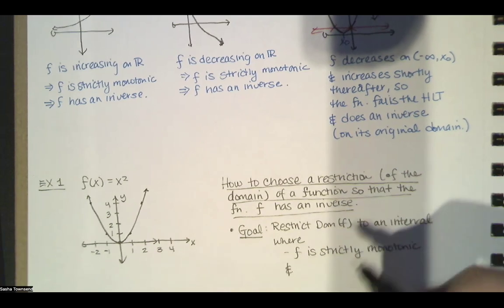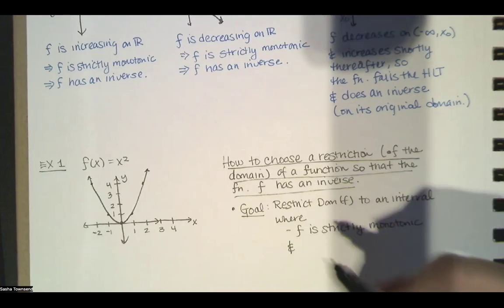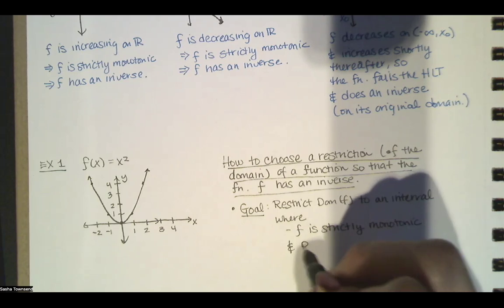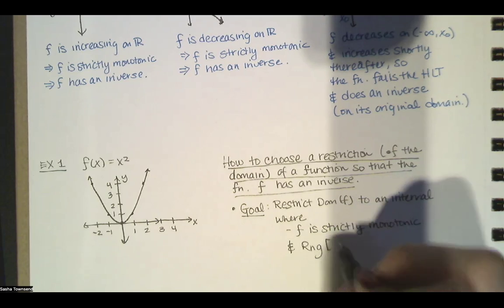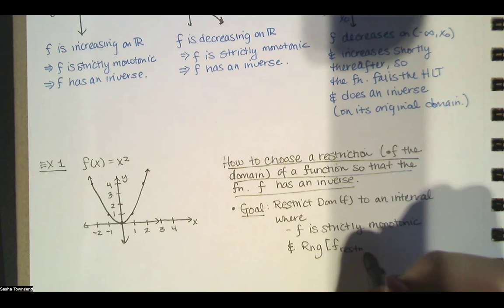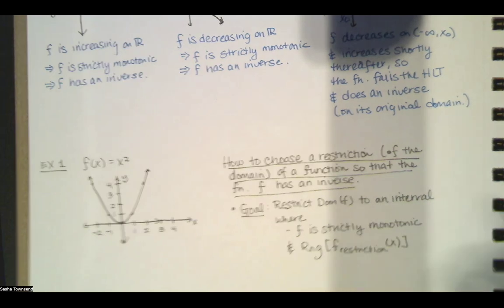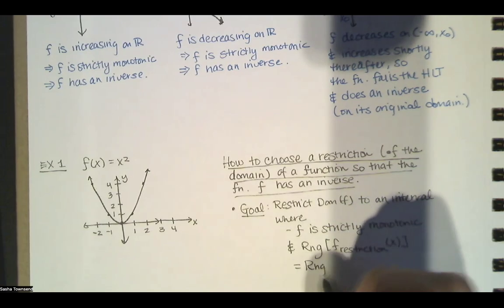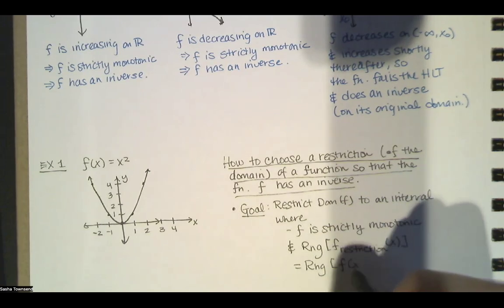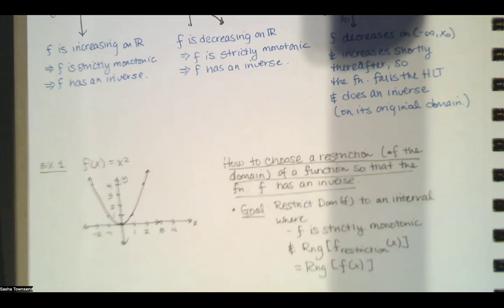And the range of that restricted version of f is equal to the range of the original function. So we're trying to capture all the y values. We want all the same y values.